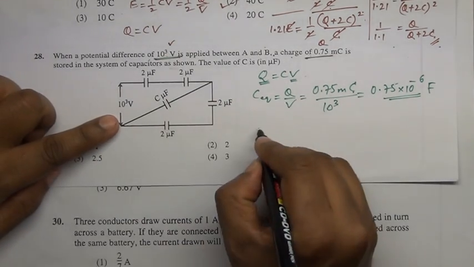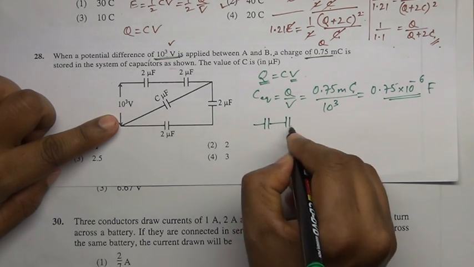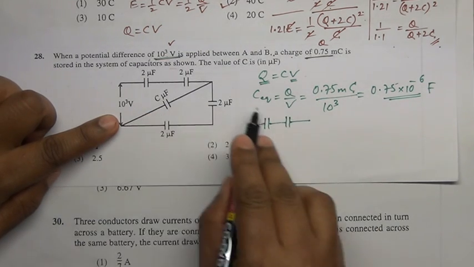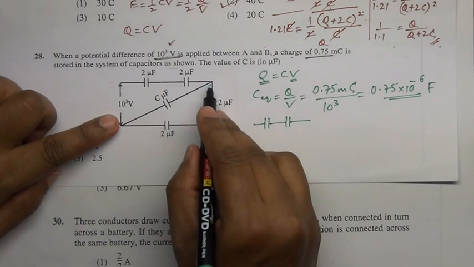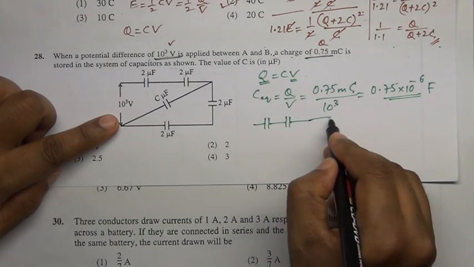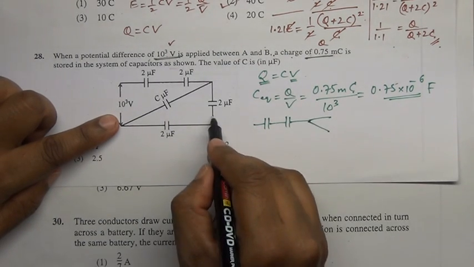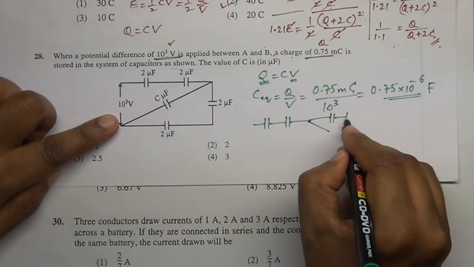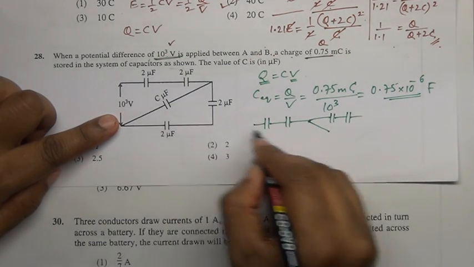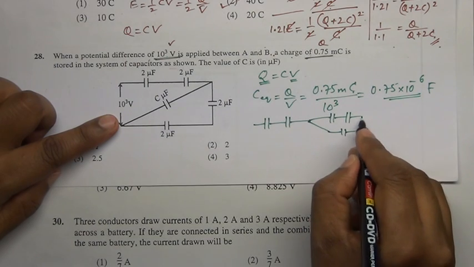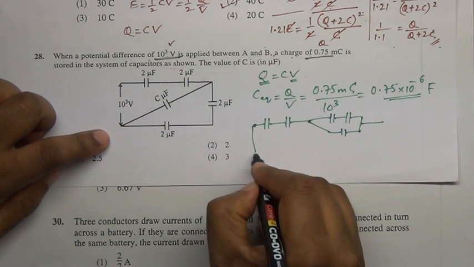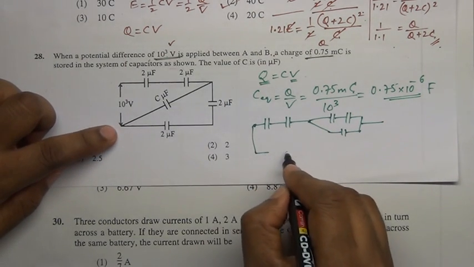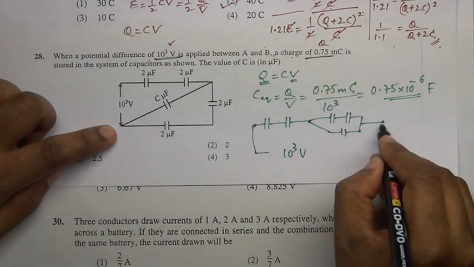This diagram can be redrawn as these capacitors. From there it branches, one with 2 and 2 in series, the other one has C. So these are connected to 10 power 3 volt.